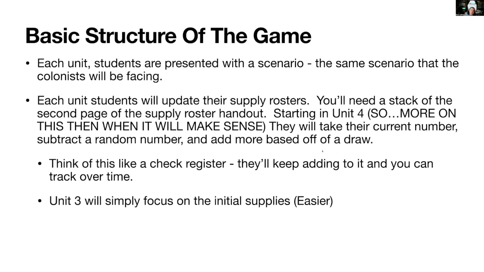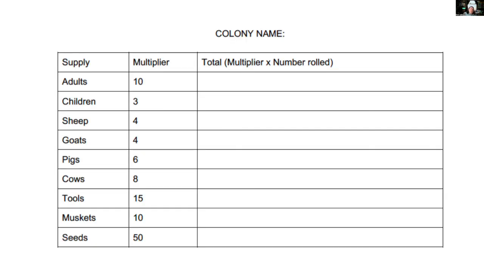The reason why is that if something goes horribly wrong, like you are going through the kids' folders one day and it's 1773 and this kid's colony has a population of 10 million, something went wrong with the math somewhere. This will allow you to go back and track and see, okay, where did the math go wrong?